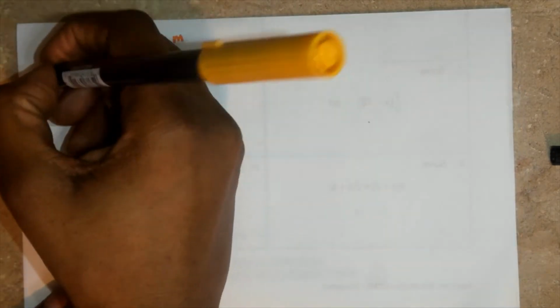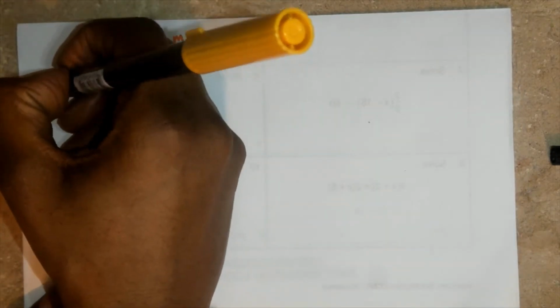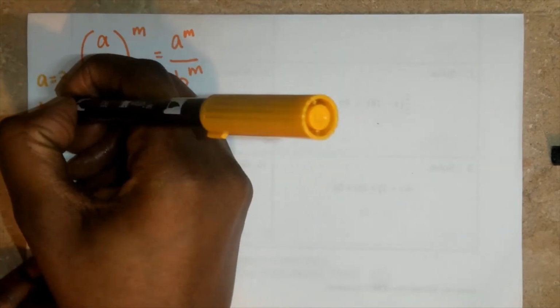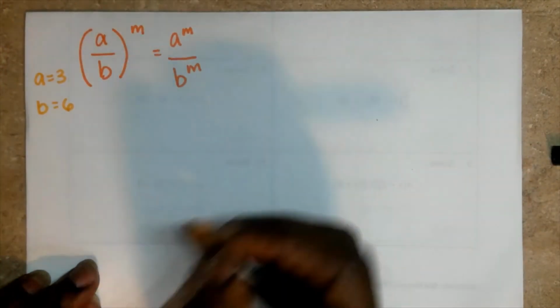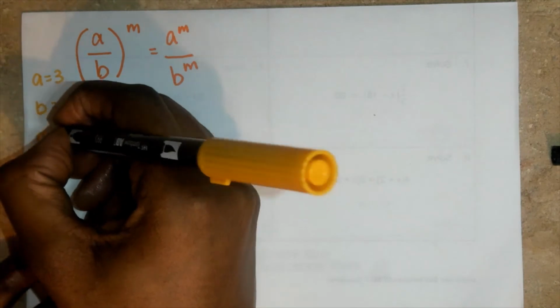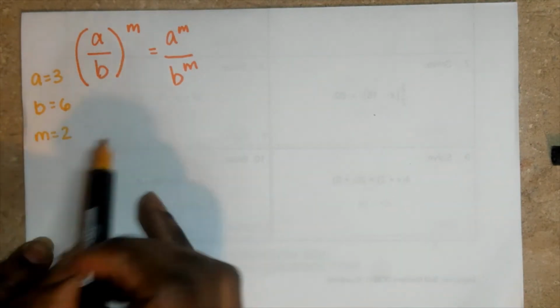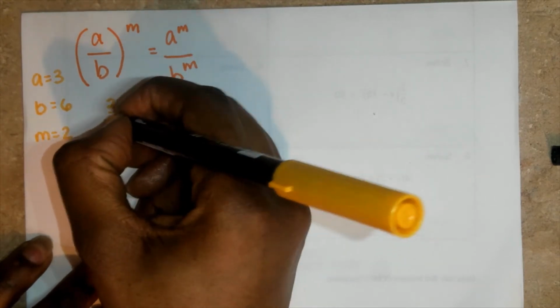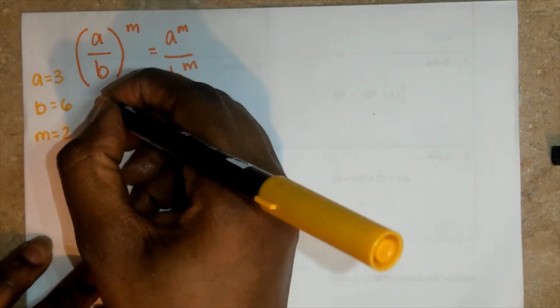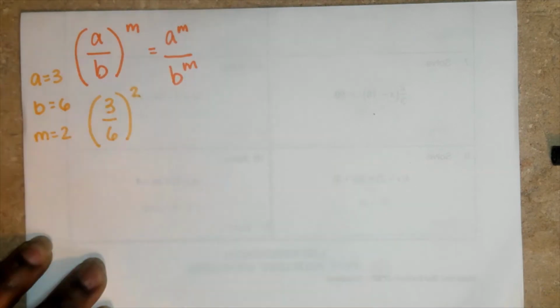I'm going to say that A is equal to 3, B is equal to 6, and M is equal to 2. So my exponent will be 2. So when I substitute that, I'm going to get 3 over 6 to the second power.